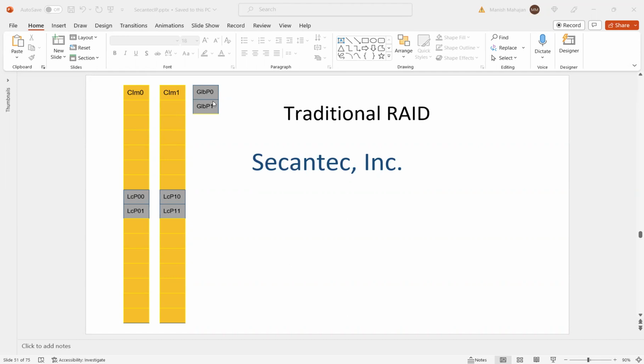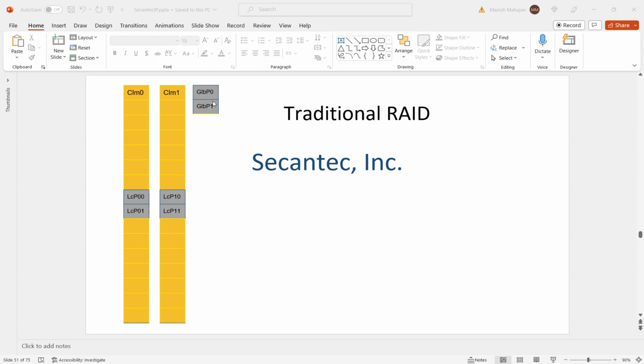Now, when there is a read, the data is validated at the sectors of the disks. Most of them could be 512, 520, 1K, 2K, 4K, and the reads are just protected by the ECC in the sector.